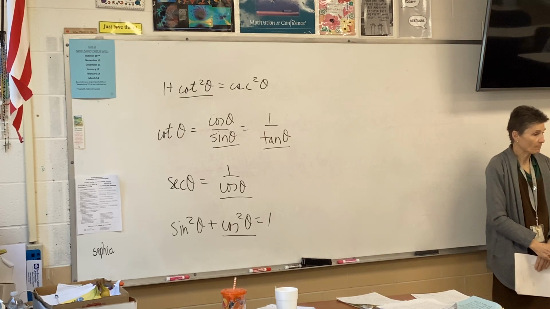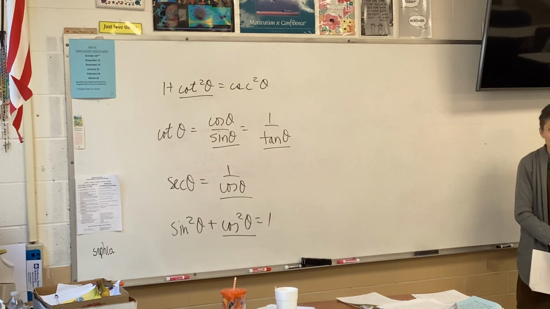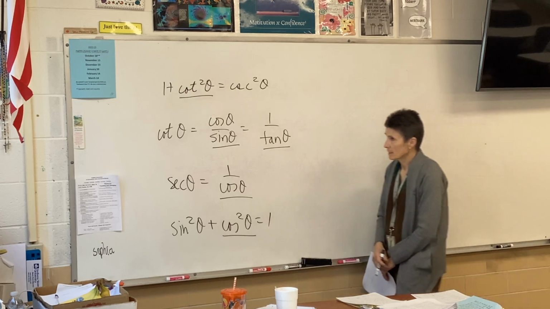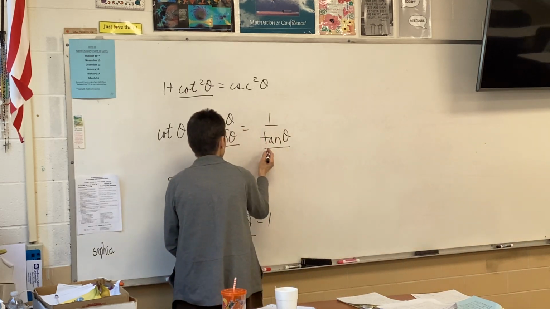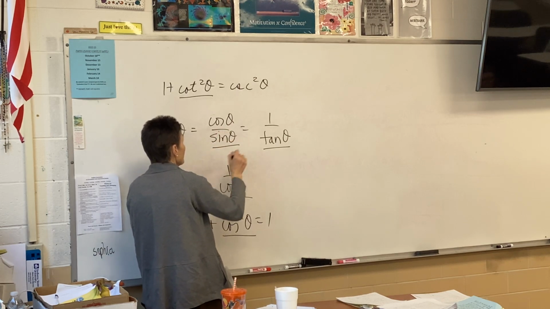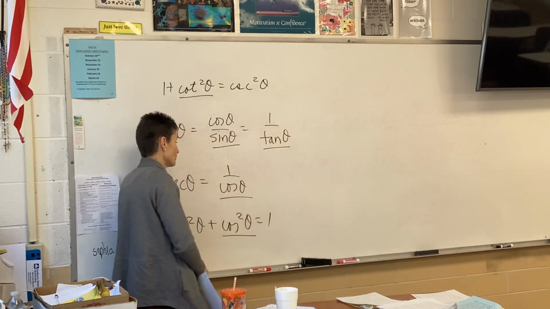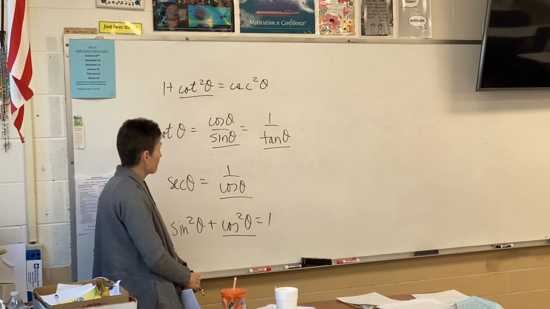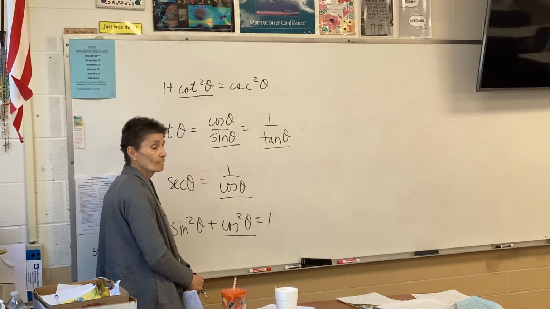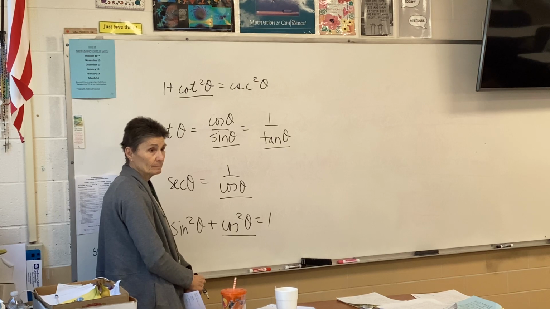I'll go ahead and put my answers up on the board. Do they match yours? Does anybody not match something and wonder about something? Yeah, this is kind of uncommon for us. Normally cotangent, we're going to say cosine over sine, but it is also 1 over tangent, reciprocal of the tangent. Everybody good? Okay.